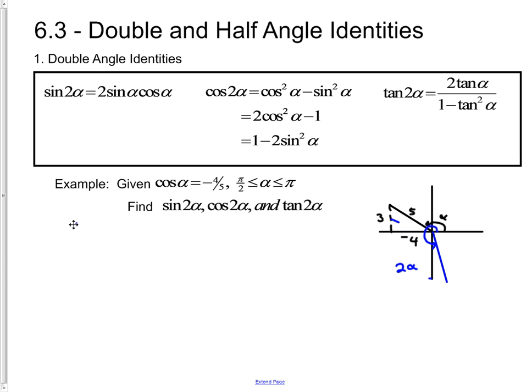Sine of 2 alpha is found by taking the product of 2 times the sine of the angle alpha, the original angle we start out with right here in black, times the cosine of that angle alpha. So if we make the substitutions, that means we're going to take 2 times the sine of alpha, which is 3/5, and multiply that by the cosine of alpha, which we were given as negative 4/5.